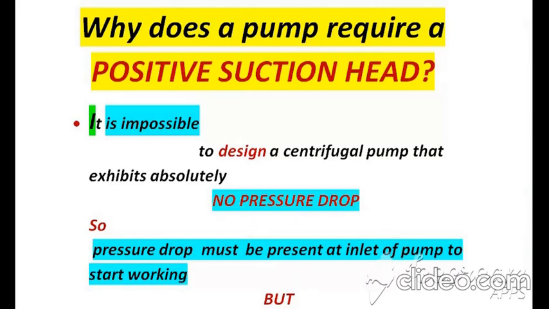Before this, we want to know why a pump requires a positive suction head. It is impossible to design a centrifugal pump that exhibits absolutely no pressure drop. So a pressure drop must be present at the inlet of the pump to start work, and that pressure drop will be the driving force behind the working of that pump.